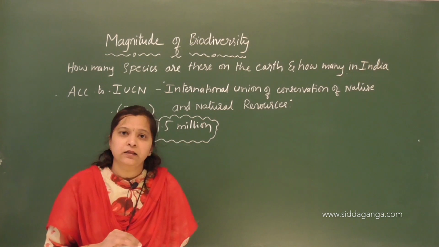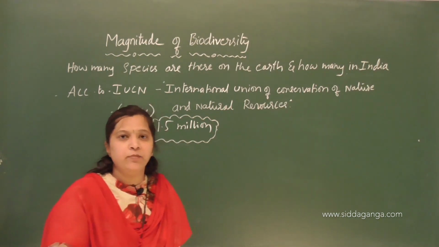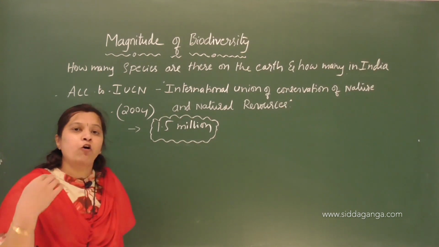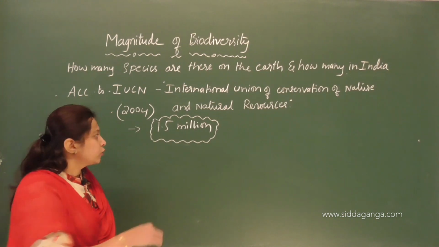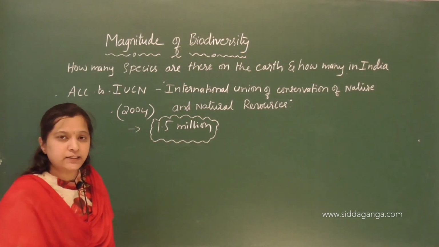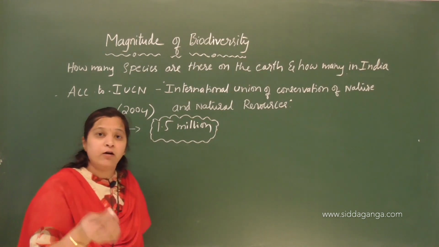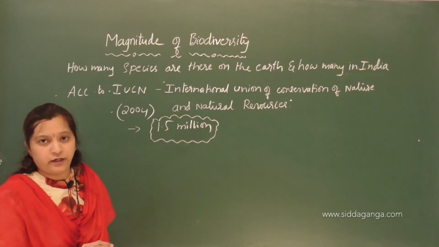But still, there are so many millions of plant and animal species which are not yet discovered and described. 1.5 million species have already been discovered and described, but there are so many species yet to be discovered.